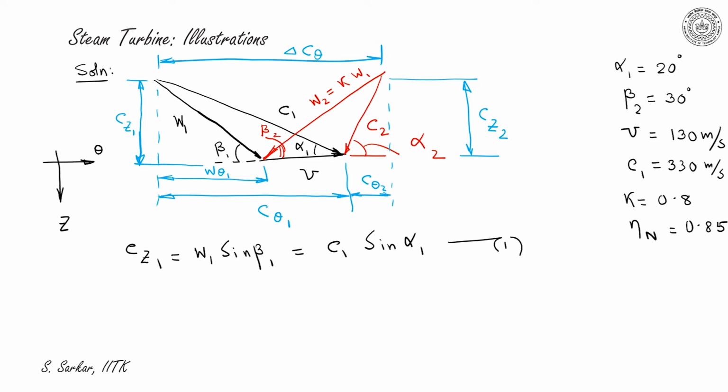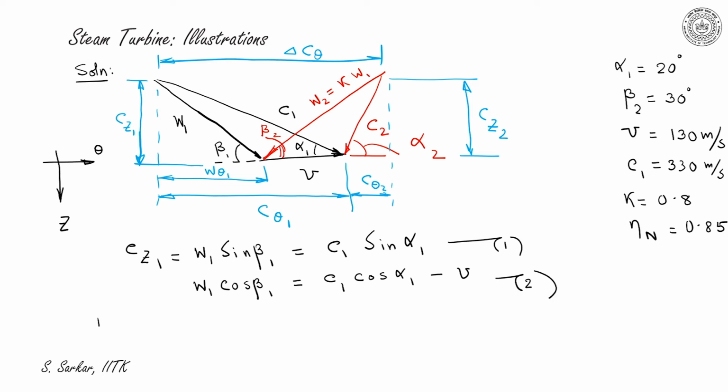Furthermore, I can write W theta 1 is equal to C theta 1 minus U from the velocity triangle. So W1 cos beta 1 is equal to C1 cos alpha 1 minus U. This is equation number 2.